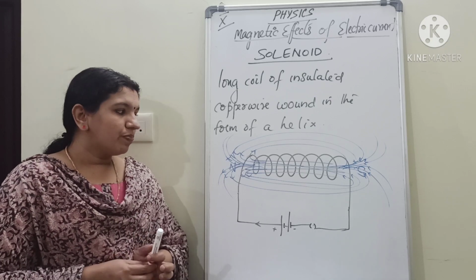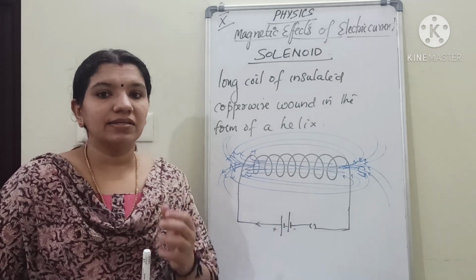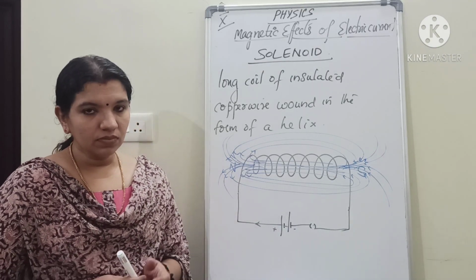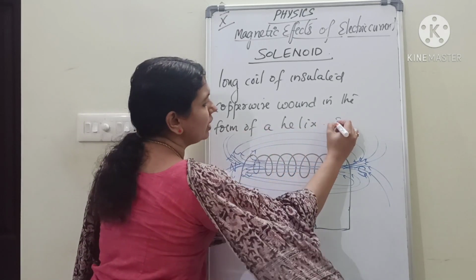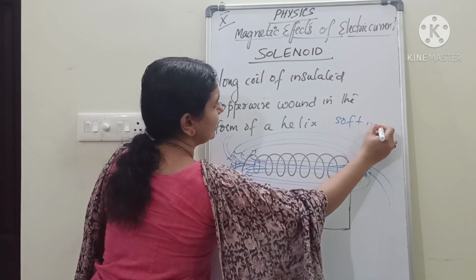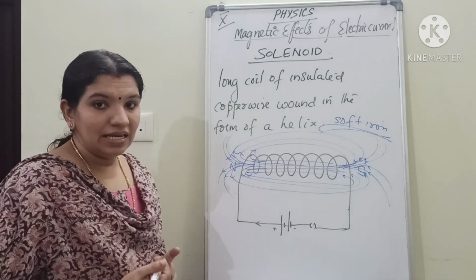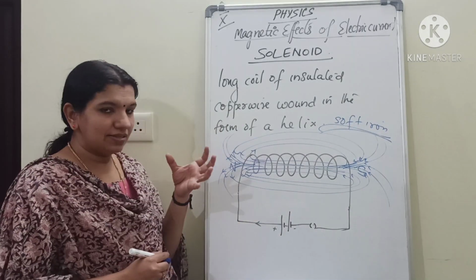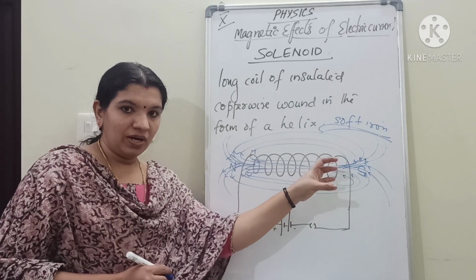Clear? Now, if you place a magnetic material inside this solenoid, for example, soft iron. Soft iron is a very good magnetic material which can be easily magnetized. So if I place a piece of soft iron inside this coil, what will happen?